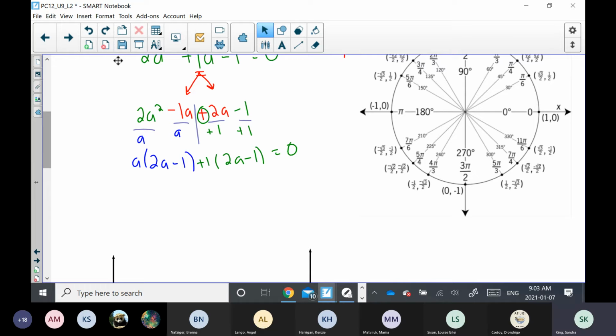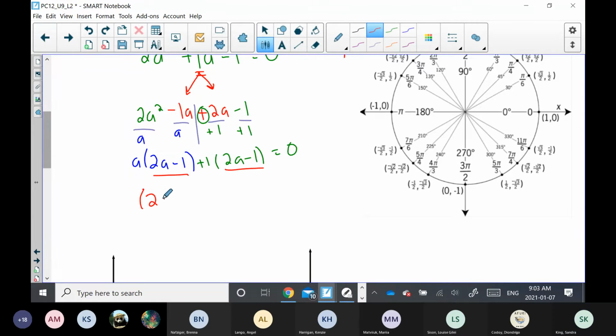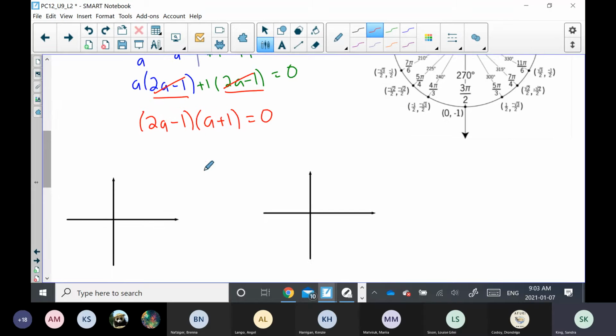Okay, so from here, I check that I did this correctly. And I did, because those two factors are the same. So my second factor is a plus 1. Don't forget, keep bringing down that 0. Now I have 2 more steps.